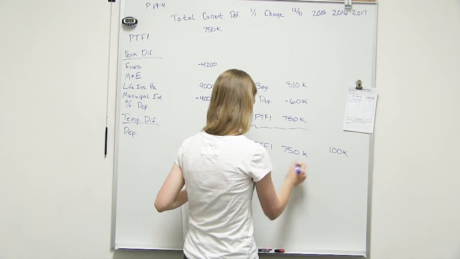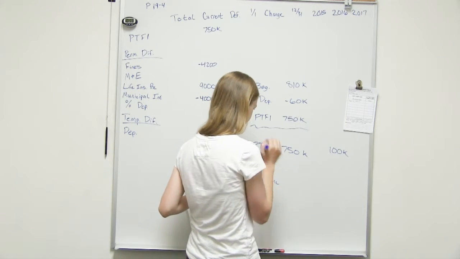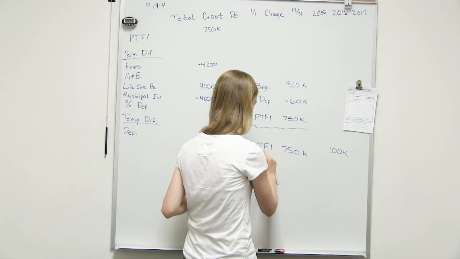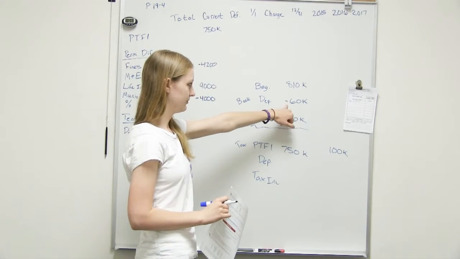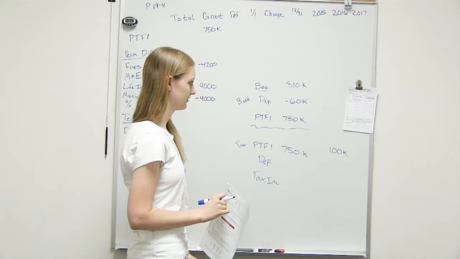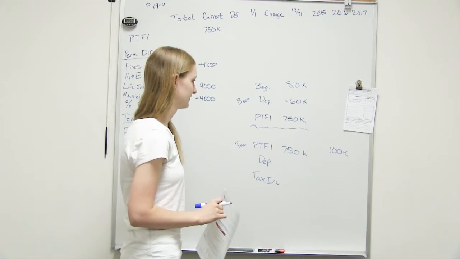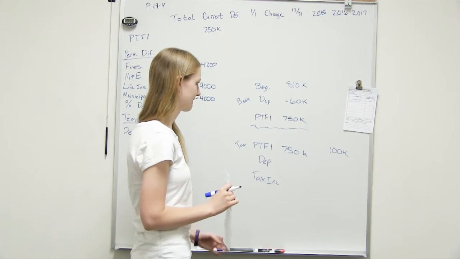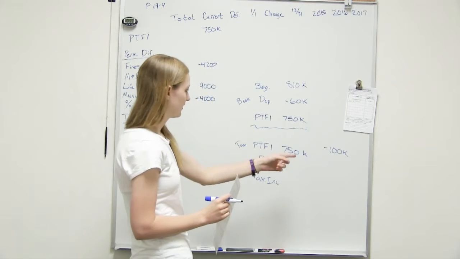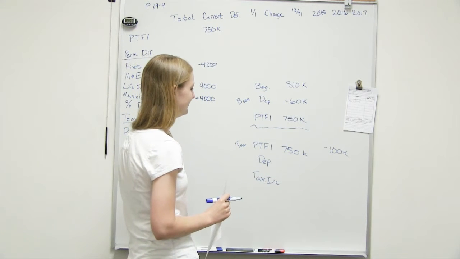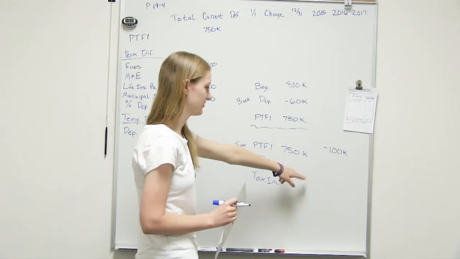So we need to make this number be 100,000. So on our PTFI, 750,000, we're trying to get to our taxable income. So what are we going to do to this number to make it 100,000? Technically negative 100,000. We're deducting 60,000 here, but we can deduct 100,000 here.